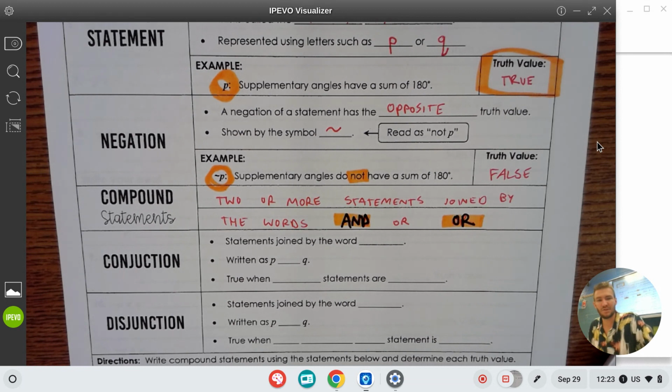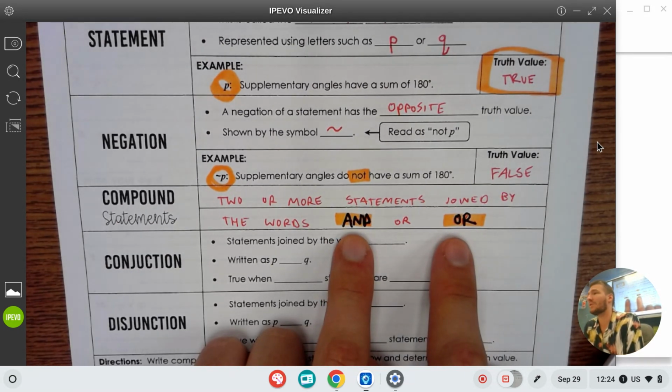Two or more statements joined by the words and or. And even though and or are not typically super important words, today they are extremely important words, okay? Today, more or less, we need to learn what this means as far as math.